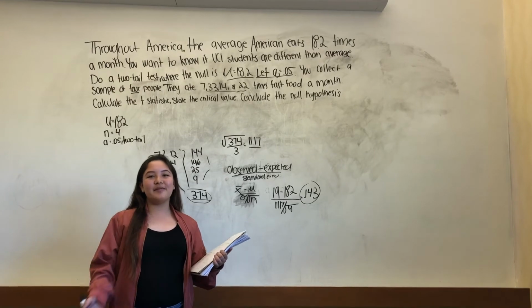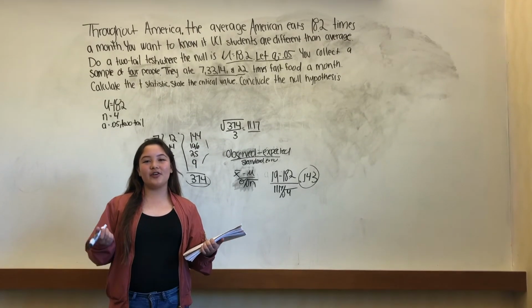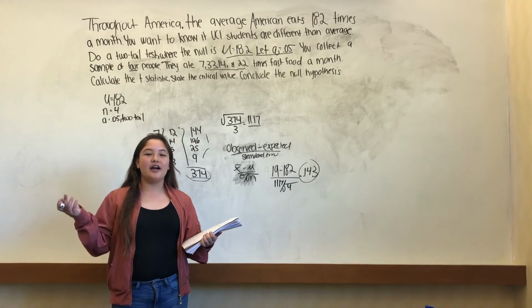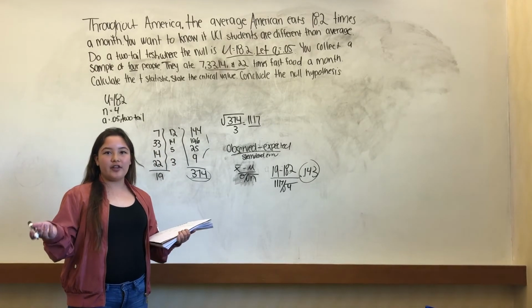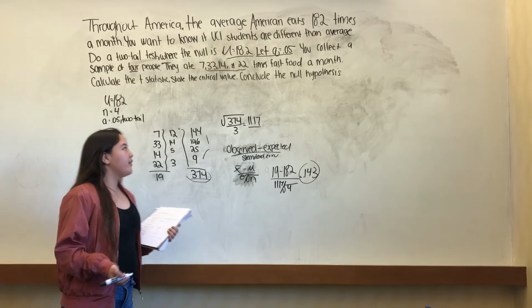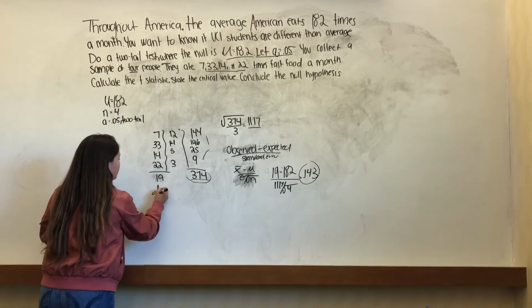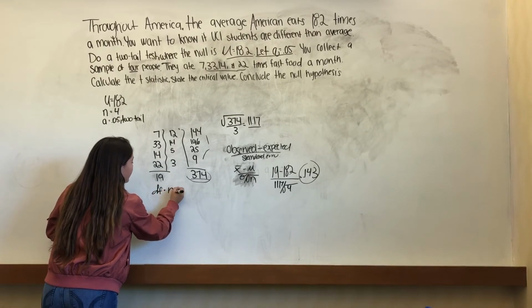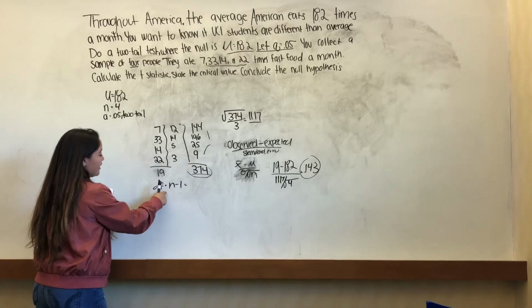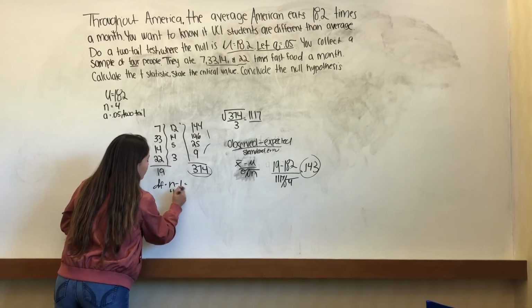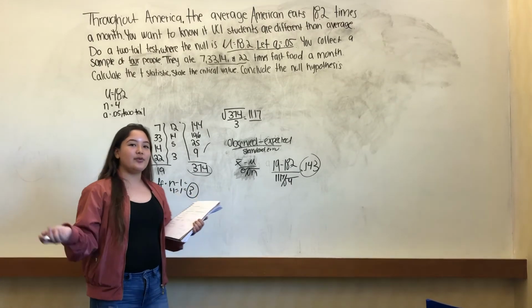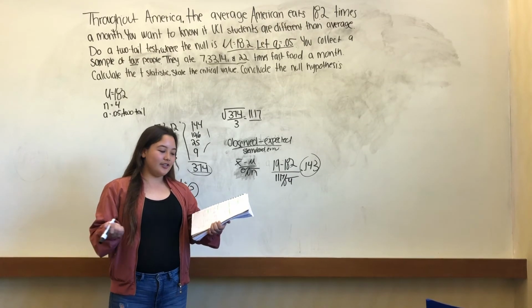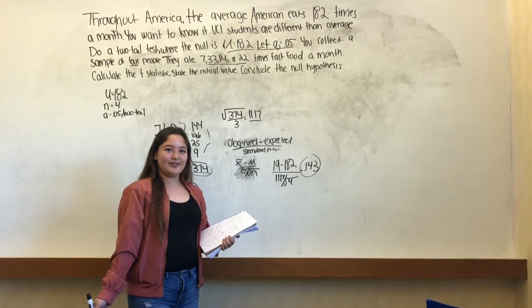The fifth step is finding the critical value, and for the critical value we will use a t-chart. But first, we need to know the degrees of freedom, which is n minus 1. N is the sample size, so 4 minus 1 is 3. I will show you how to use a t-chart to find the critical value.